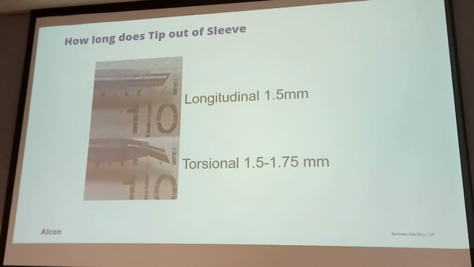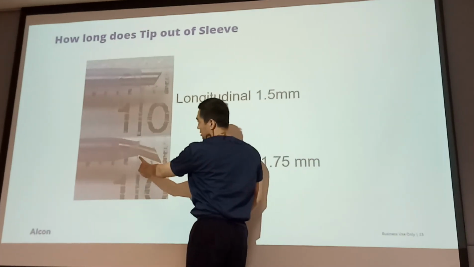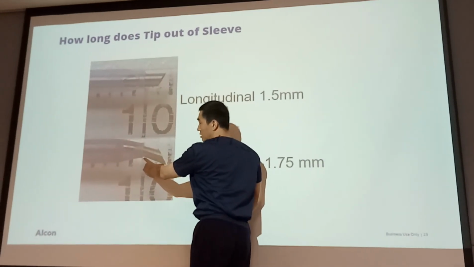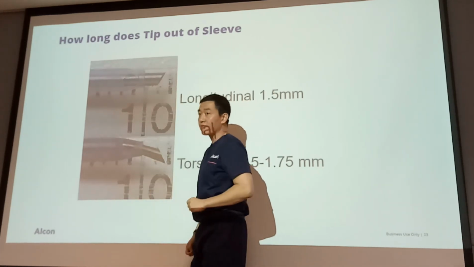And this is a very, very small thing, but I see it happen a lot in the market. Do we have clear numbers for how much the phaco tip should extend out of the sleeve?